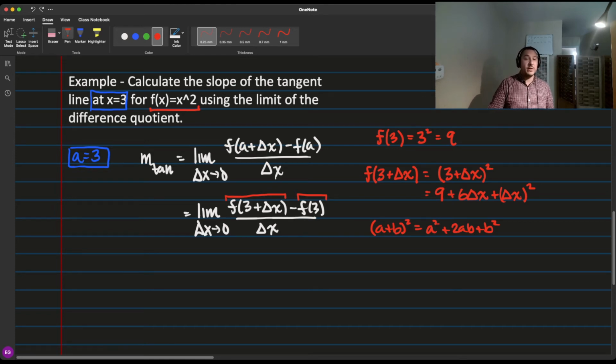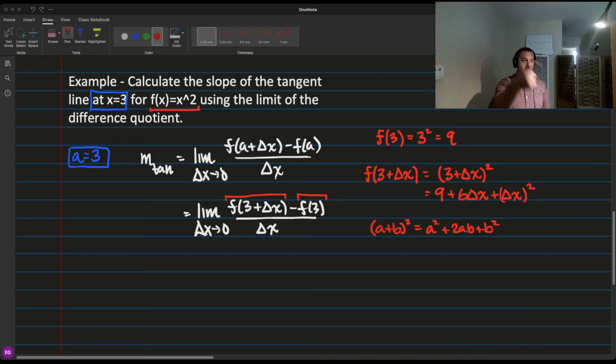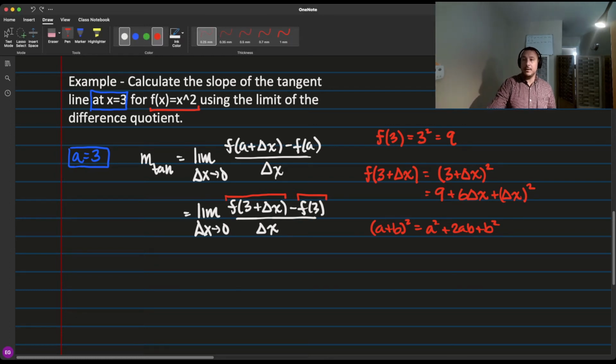Does everyone remember seeing those in Algebra 1, Algebra 2, right? I'm not shaming, I'm just pointing out because I know that most people just forget it. That's the whole point, because we use those things a lot now. Okay, so you have to plug all that in.